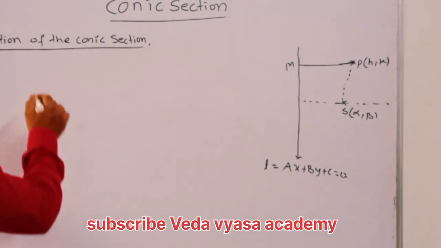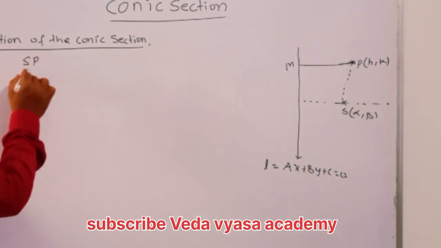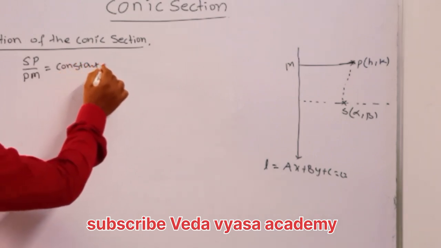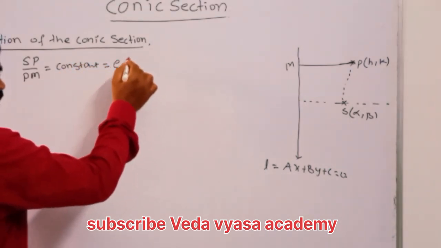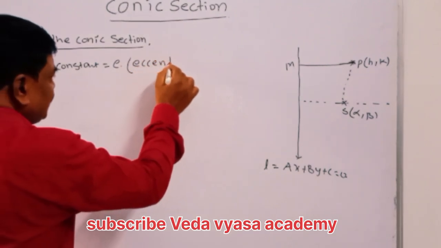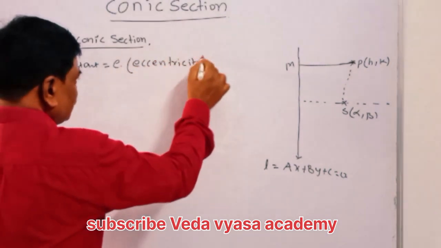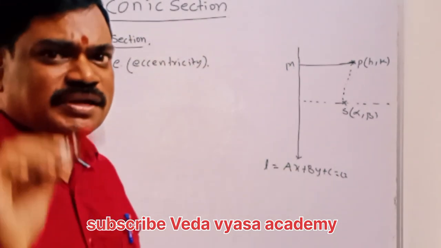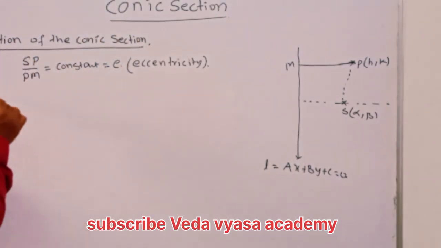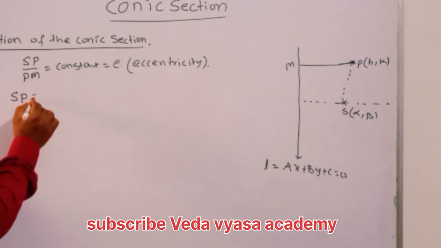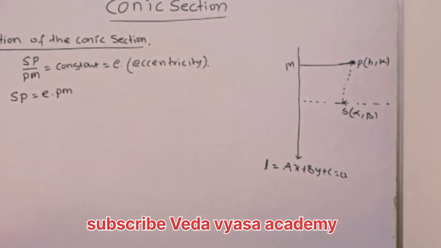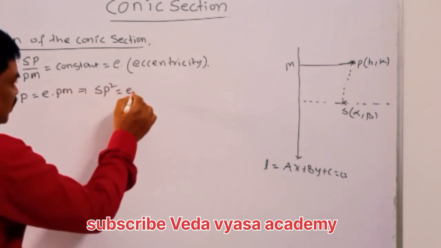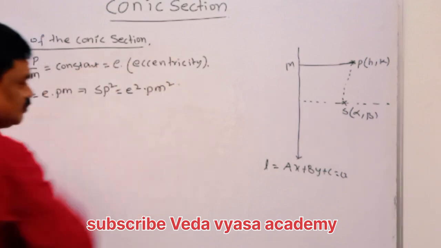So here SP by PM is equal to a constant, represented as E, the eccentricity. We discussed what eccentricity is in the last session. So from this, SP is equal to E into PM, and SP square is equal to E square into PM square.